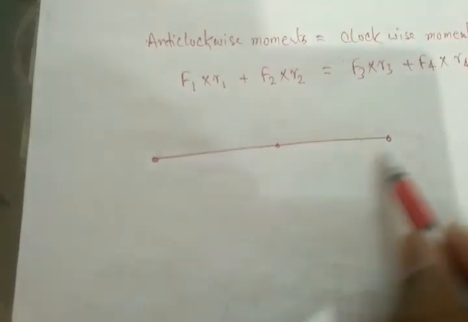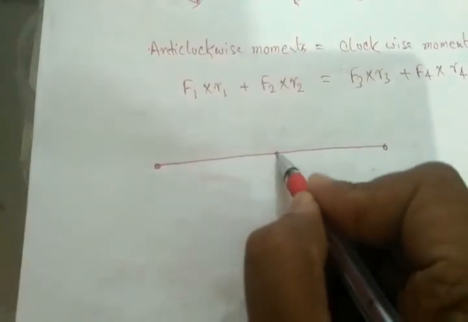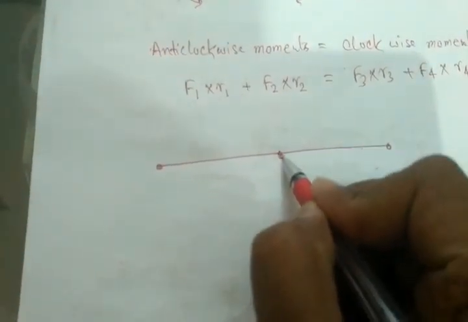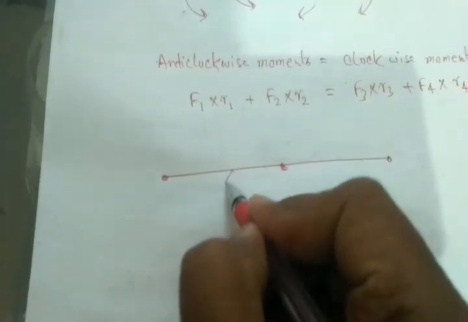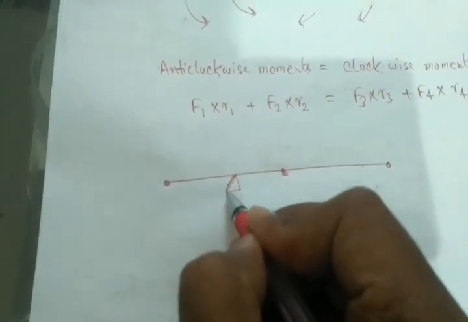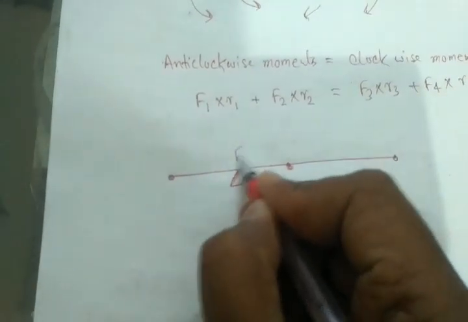The second one is the weight of the scale. So note this: whenever the body is not balanced at exactly the middle, the weight of the body will act. For example, suppose another rod, instead of being balanced at the center, I am balancing it somewhere here. Now this point is our fulcrum.